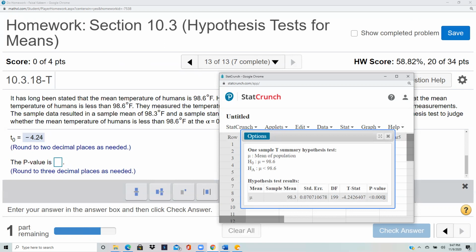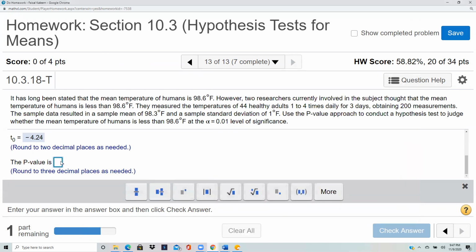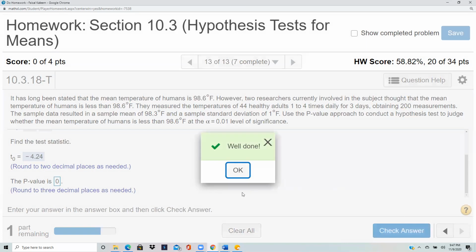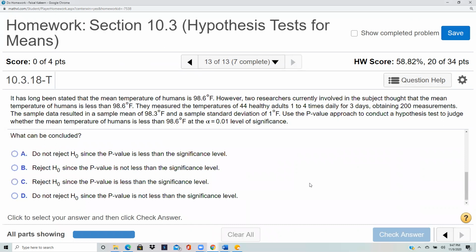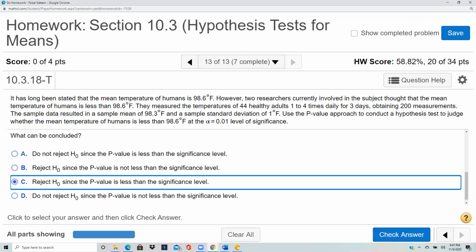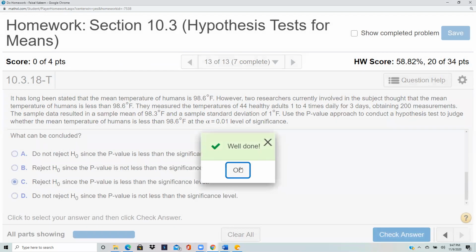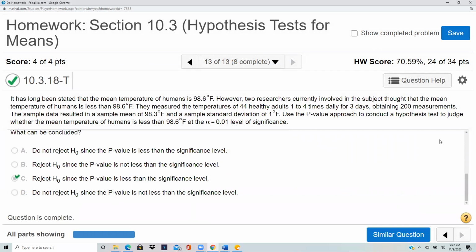So if you round this to 3 decimal places, it'd be 0.000. So it's 0 to 3 decimal places. And 0 is less than any alpha in the world. Alpha is 0.01, so you reject the null since the p-value is less than alpha. Alpha is the significance level. And that ends the section.